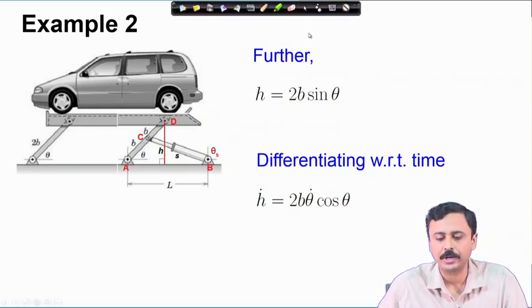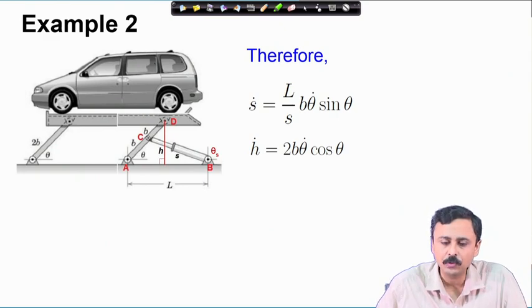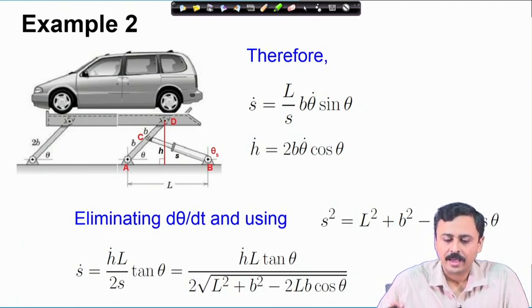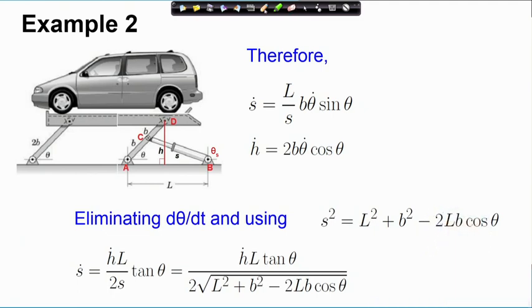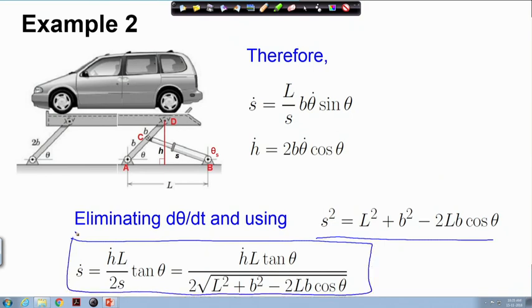Now, we have two relations, one involving s dot and theta dot, the other involving h dot and theta dot. So, if you eliminate theta dot and use the relation of s and theta, then you come up with this expression. Here we have s dot related to h dot in terms of theta.